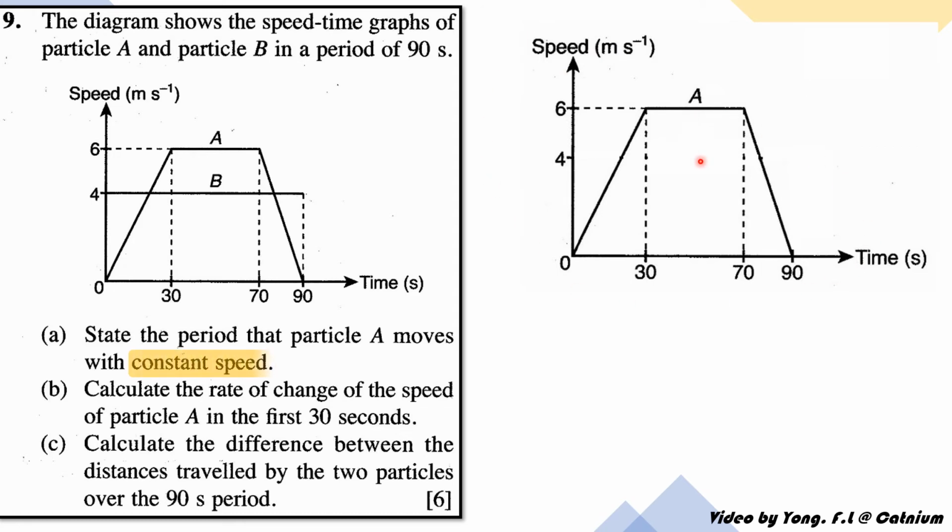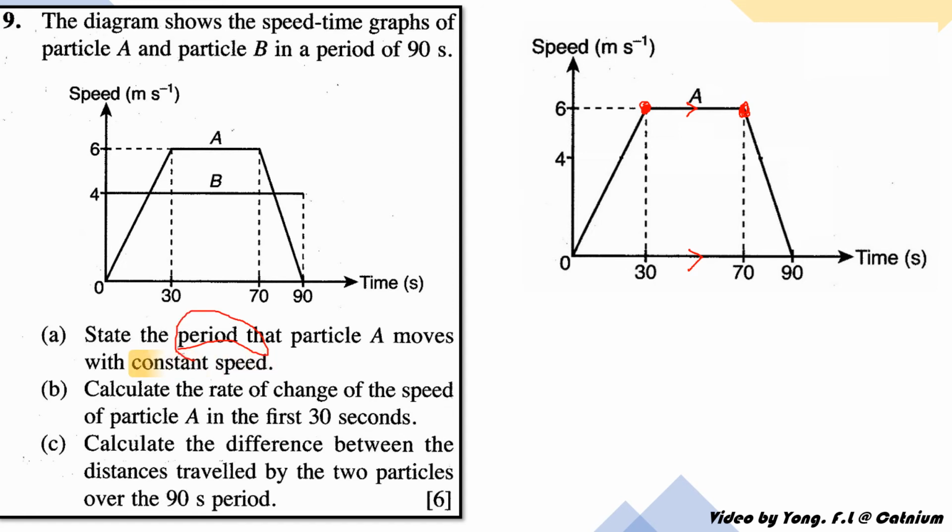Because question A is totally not related to line B. They want a constant speed, garis laju seragam for particle A. So this is the line for particle A. As I told you before, laju seragam is the flat line, or the line which is parallel to the x-axis. This one. So meaning from here to here. Okay, so what do they want? Speed or time? You see, they want the period.